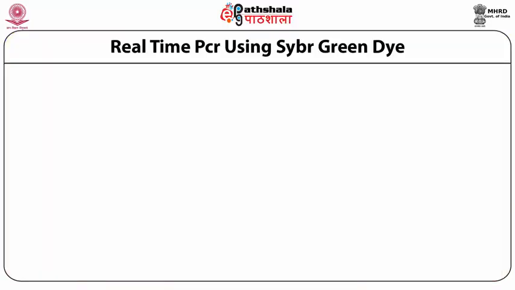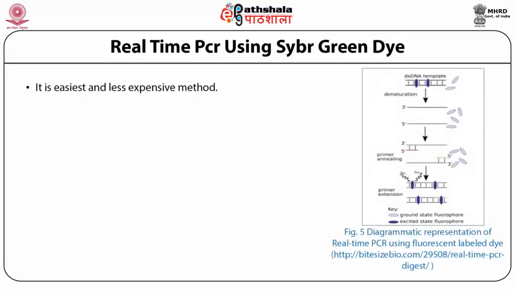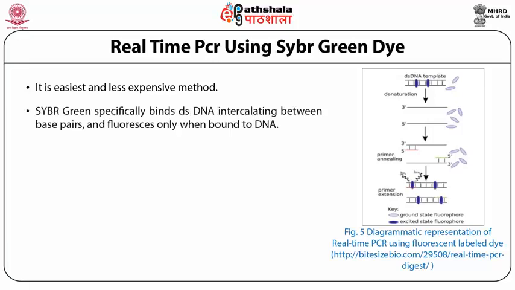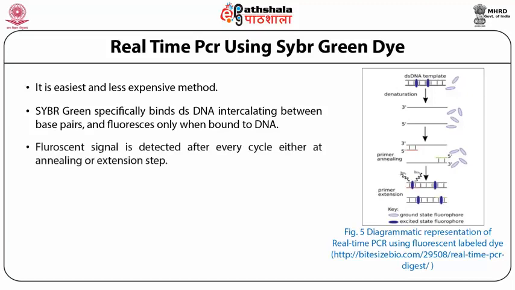Real-time PCR using SYBR Green dye. This is the easiest and less expensive method. SYBR Green specifically binds to double-stranded DNA, intercalating between bases and fluorescing only when bound to DNA. Fluorescence signal is detected after every cycle, either at the annealing or extension step.